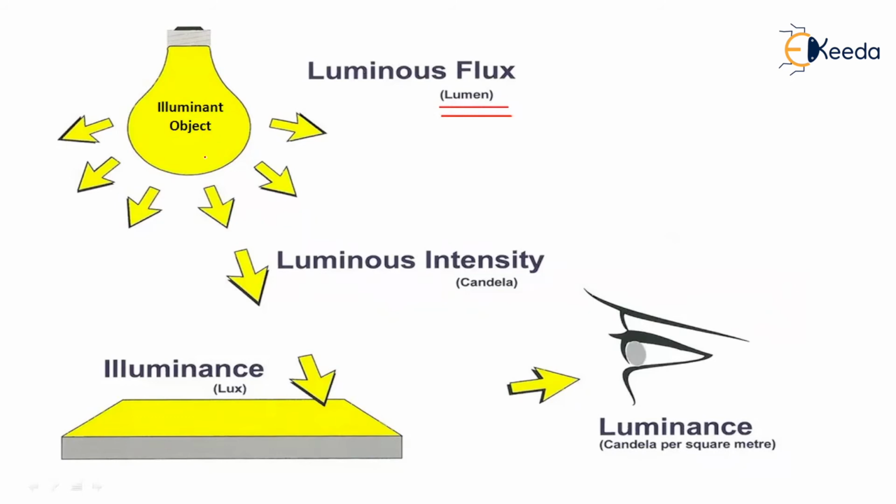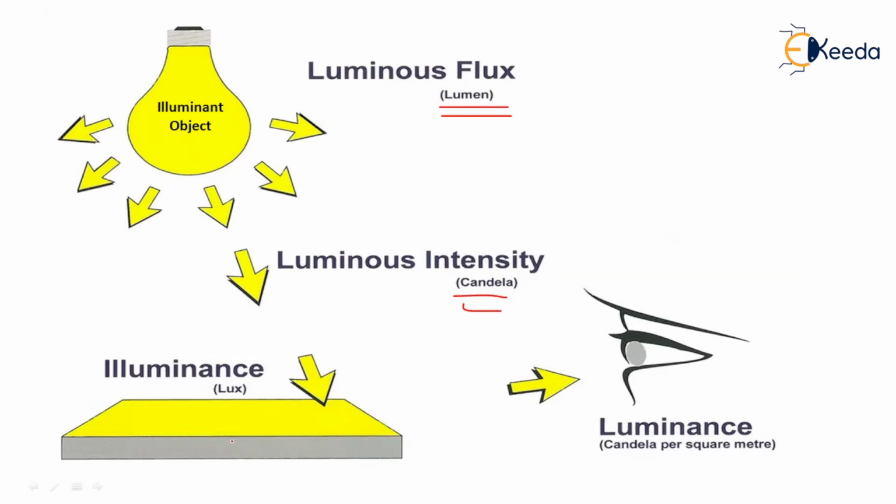Now the amount of light coming from this illuminant object is your luminous intensity, measured in candela. Candela is the basic unit, the amount of light emitted by a candle in any and all directions. It is used to measure every other object. The intensity measuring unit is candela.